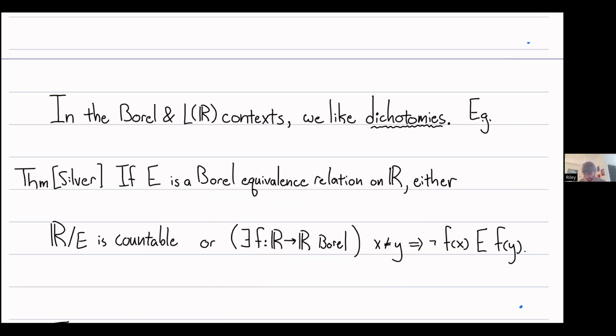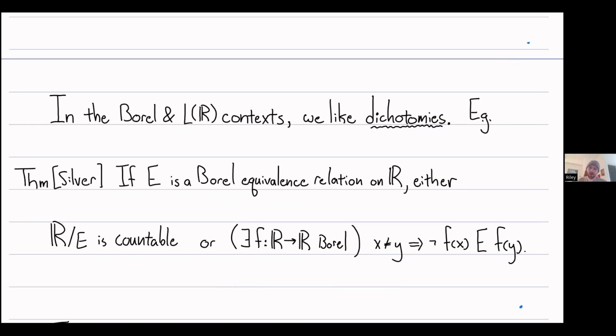There is a very beautiful theorem of Silver that says that if we have a Borel equivalence relation, say on the reals, could be any Polish space, but let's work on the reals for now. Either its quotient is countable, and in fact, there's a Borel witness to this fact. There's a Borel map on R that is constant on equivalence classes that takes countably many values.